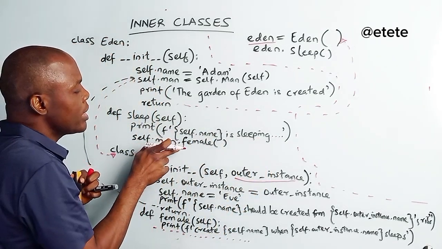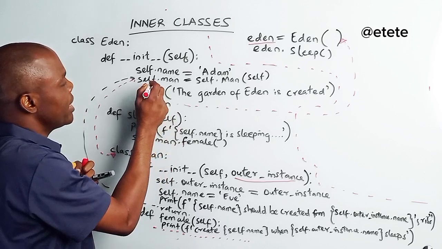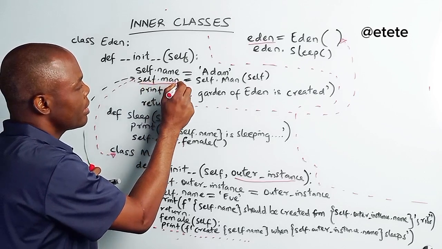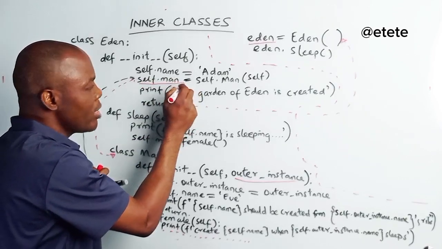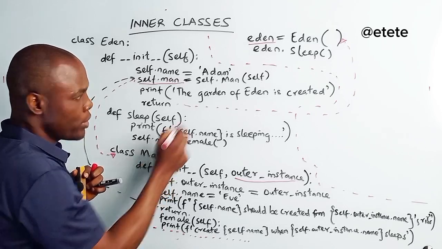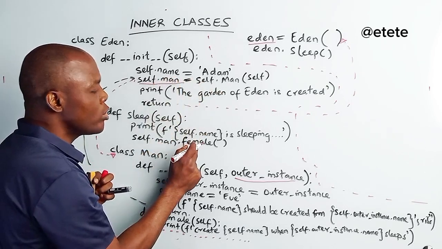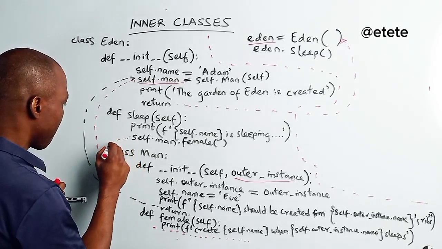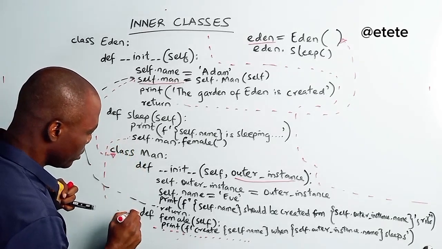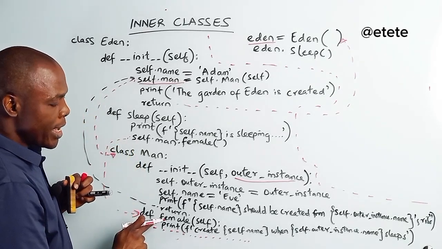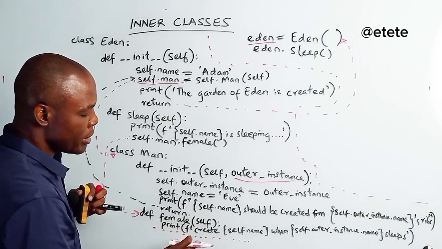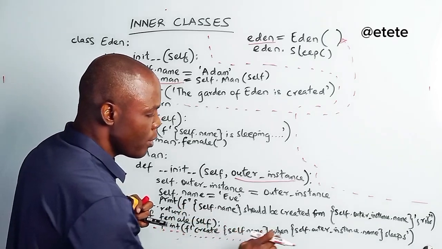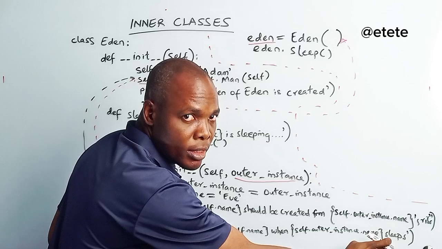After that, it will now come to this one. It's going to use this instance, which is self.man, the instance that is inside this place, right? The object of the inner class that was created is kept here. It will now use it to call this method. So control will now move from here to this guy. Now, when it gets here, it will go in and print create Eve when Adam sleeps.